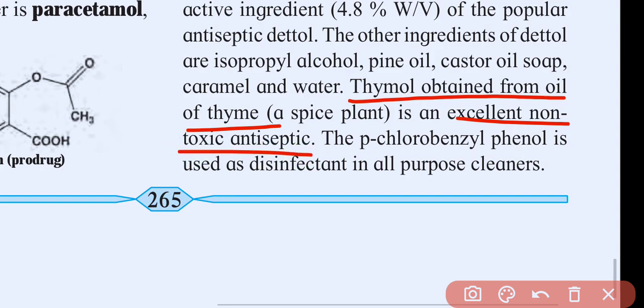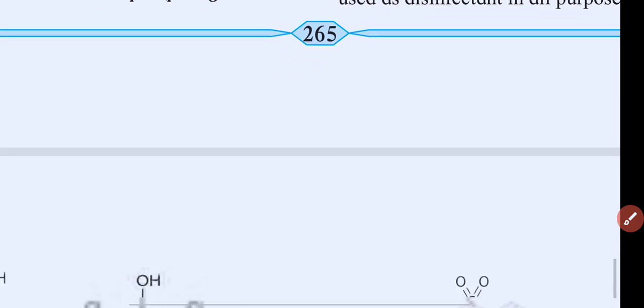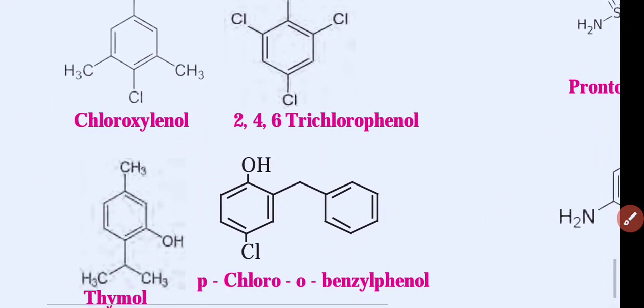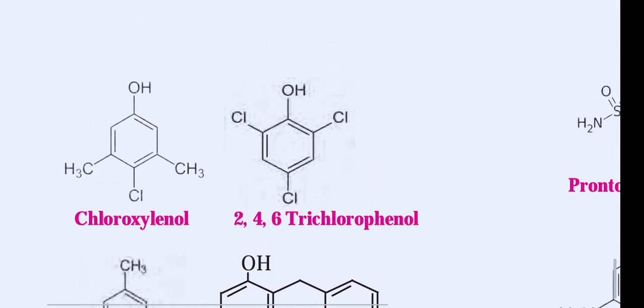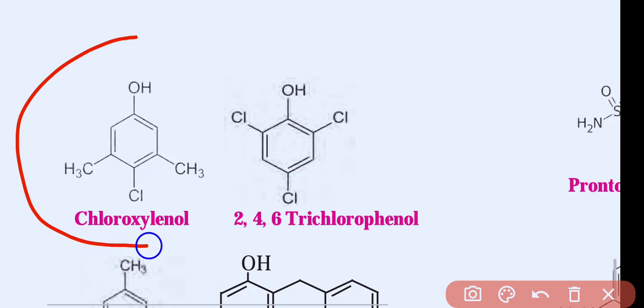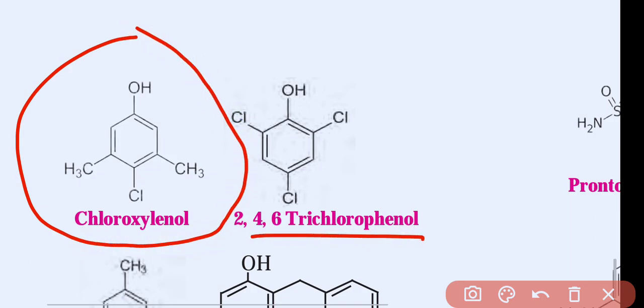Now see, thymol, obtained from oil of thyme, a spicy plant, is an excellent non-toxic antiseptic. Similarly, para-chlorobenzyl phenol is used as a disinfectant. Now see these are the structures.